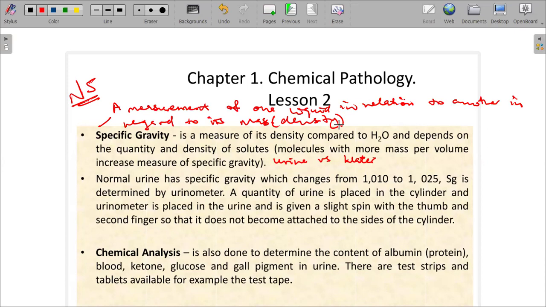The one which is heavier, you would find going down.